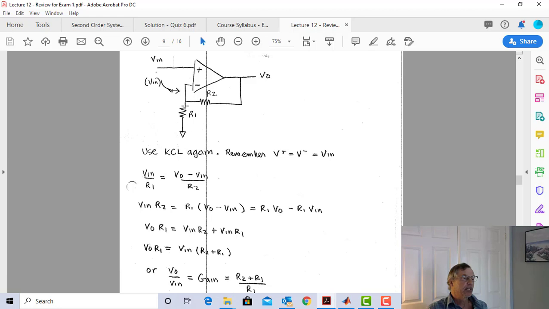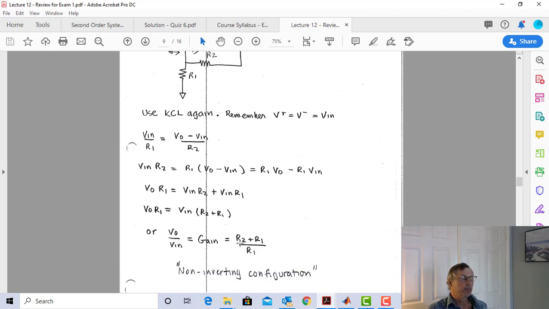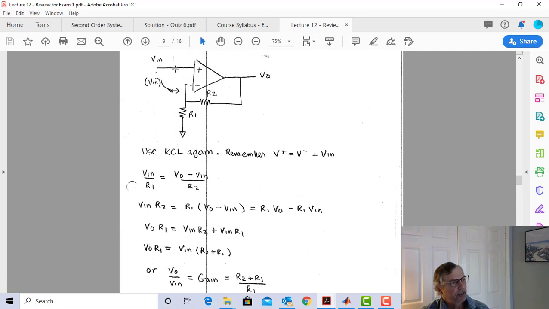Similarly, the impedance from here down to here is Z1, and the gain would be Z2 plus Z1 divided by Z1. It's called the non-inverting configuration. It and the inverting configuration are probably going to be 80 to 90% of the op-amp circuits that you see in industry. And it's non-inverting because you don't see a negative sign here. If this voltage goes up, that voltage goes up.